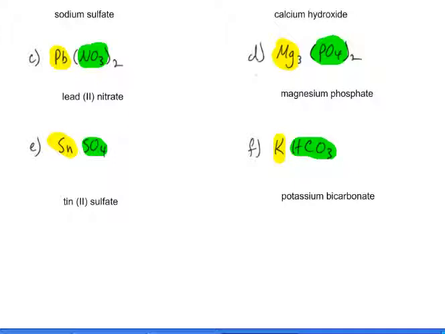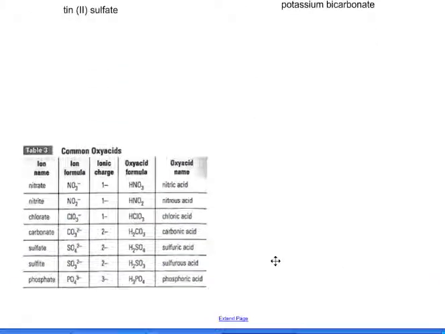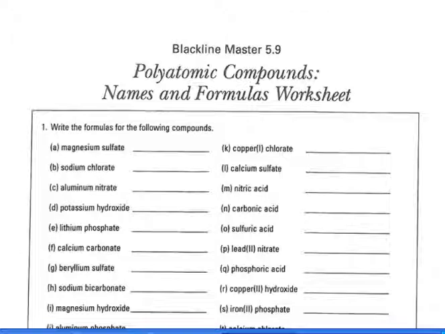That's naming. On the bottom of the sheet I have some common acids. You're not going to be responsible for knowing how to name them. Just simply identify them. HNO3 nitric acid, HNO2 nitrous acid. We'll leave that for next year when you take Physical Science 20. We'll look at the naming scheme for that. So the assignment is on this page.